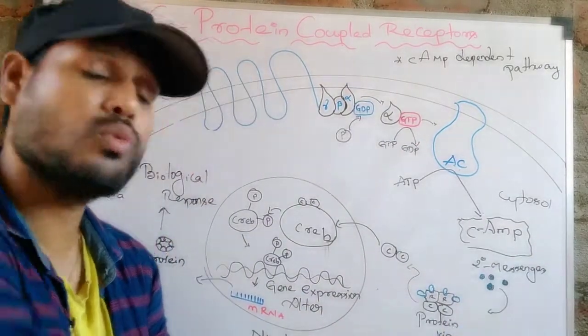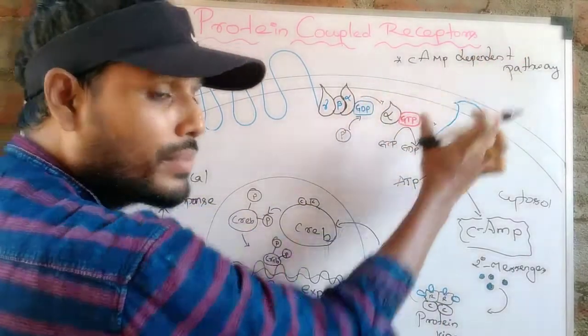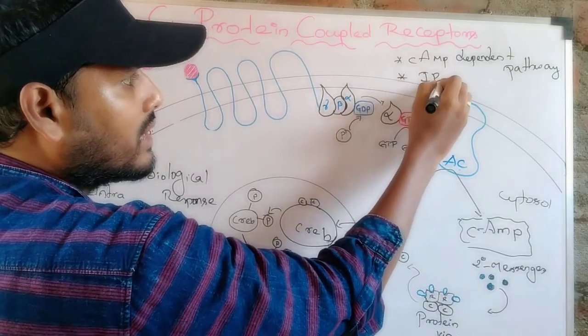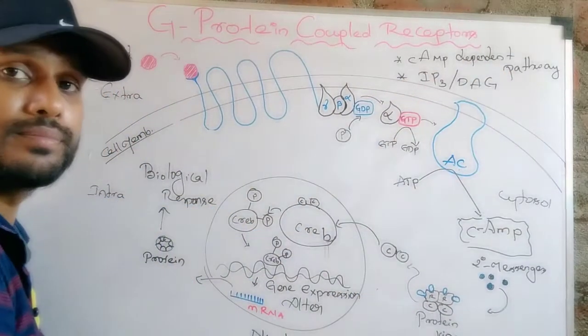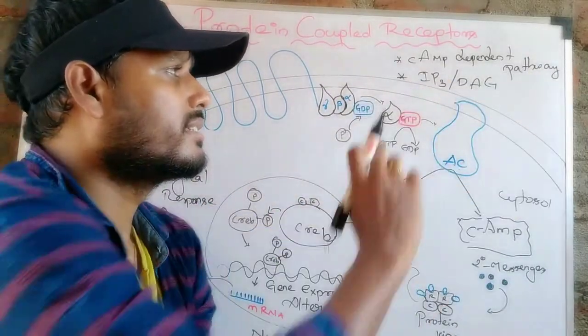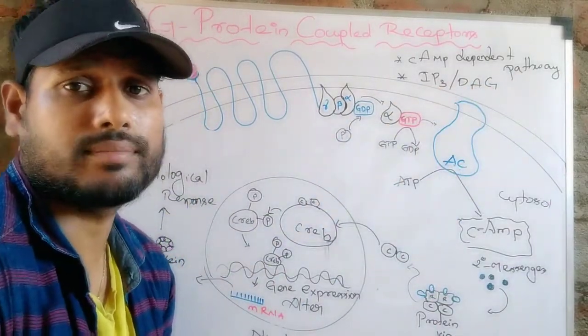Without cyclic AMP, you won't get the biological response. And one more pathway is the IP3 or DAG pathway. Okay, inositol triphosphate or diacylglycerol. These are also secondary messengers.